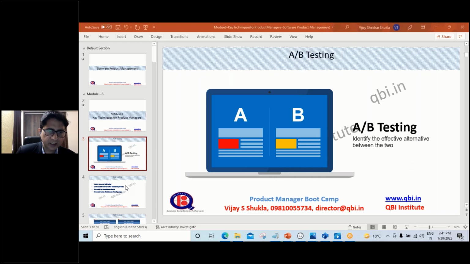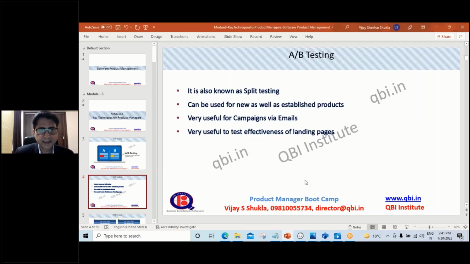So see what is A/B testing. Let's learn a bit more about this. It is also known as split testing. It can be used for new products. It can as well be used for established products. So say for a new product, a new platform, you can utilize A/B testing even to name that platform.